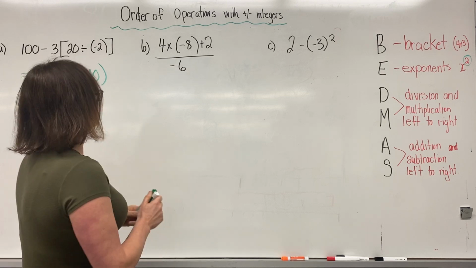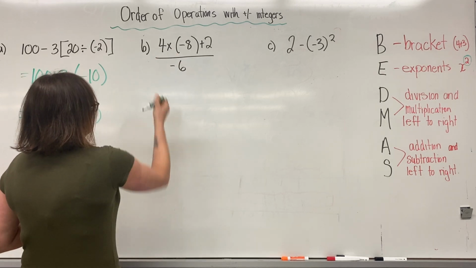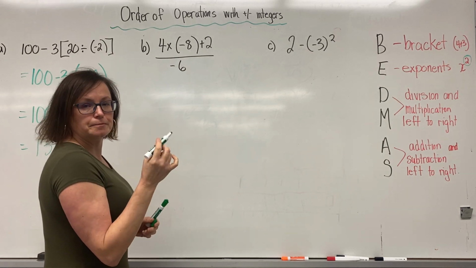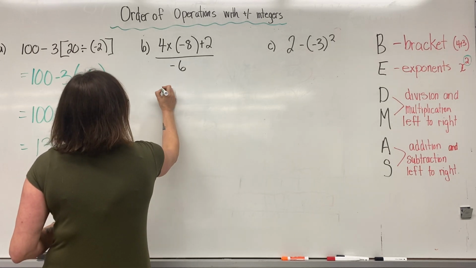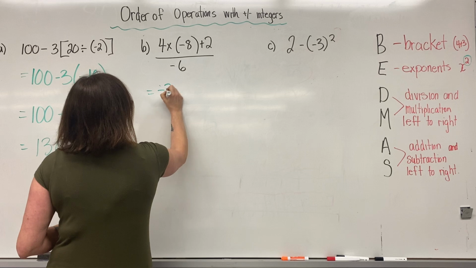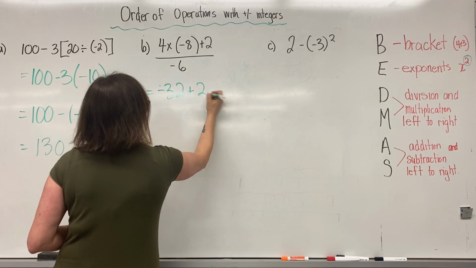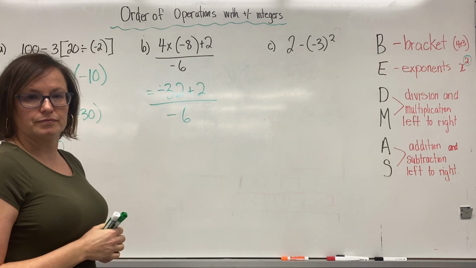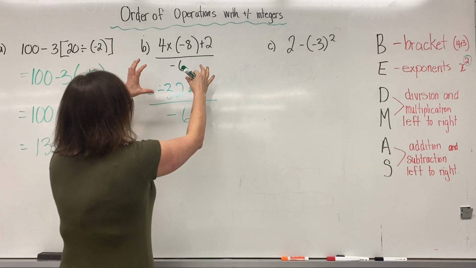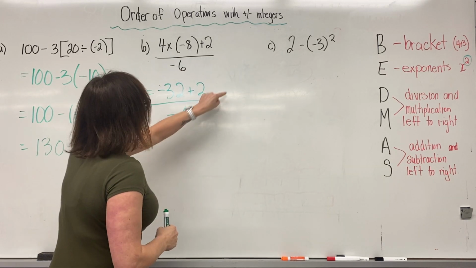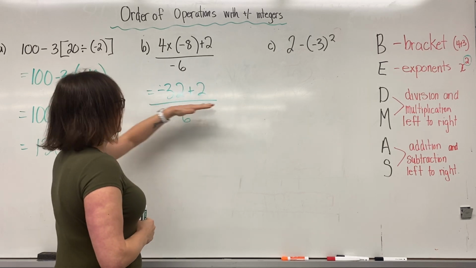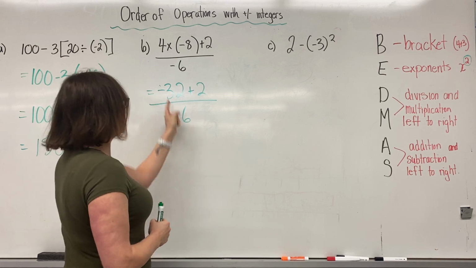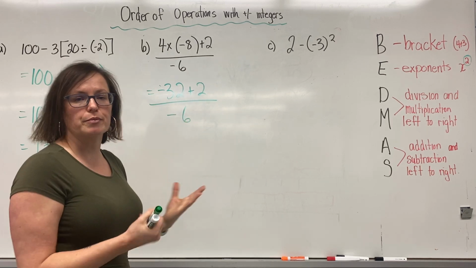So division and multiplication, I'm going to do that first. So I see I have 4 multiplied by negative 8, which is negative 32, plus 2, divided by negative 6. All right? When we have this equation, it is the total of the top of the division line that is divided by negative 6. It's not each individual term divided by negative 6.